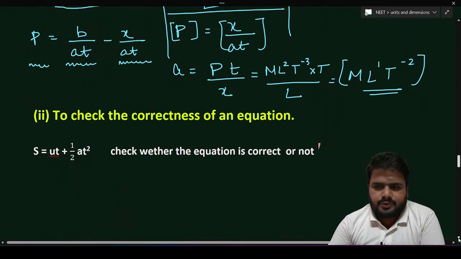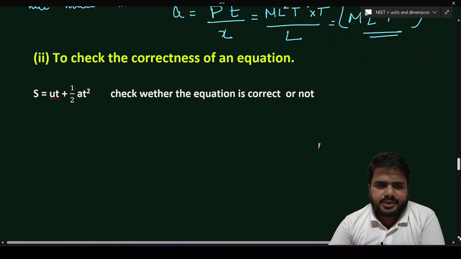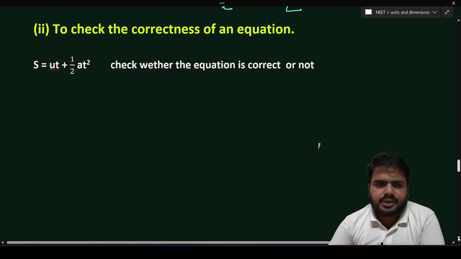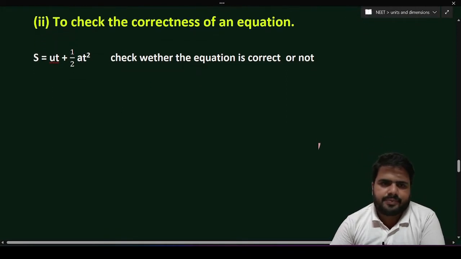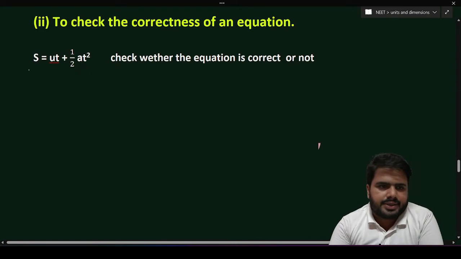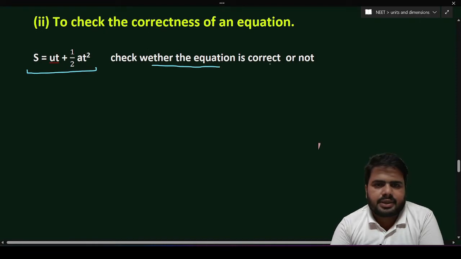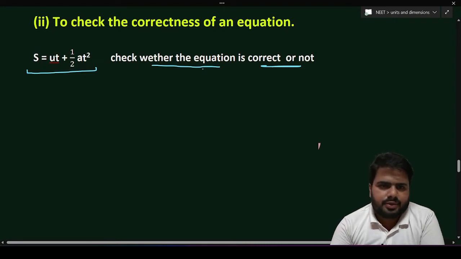Now we will move on to the next application, that is to check the correctness of an equation. So in this application, you will be given an equation just like this, and you have to check whether the equation is correct or not. Okay, so here we will check only dimensionally whether the equation is correct or not.